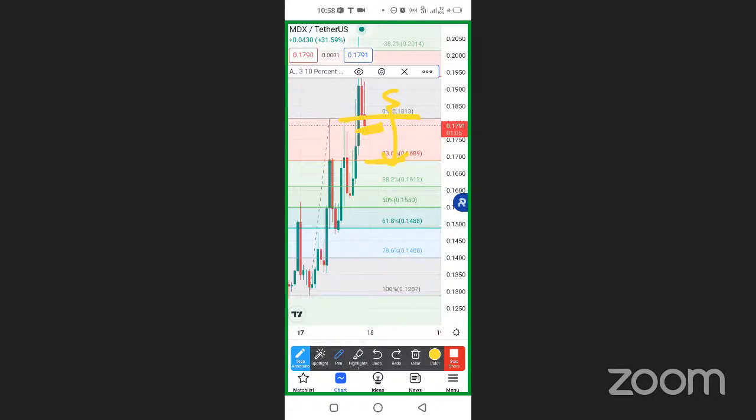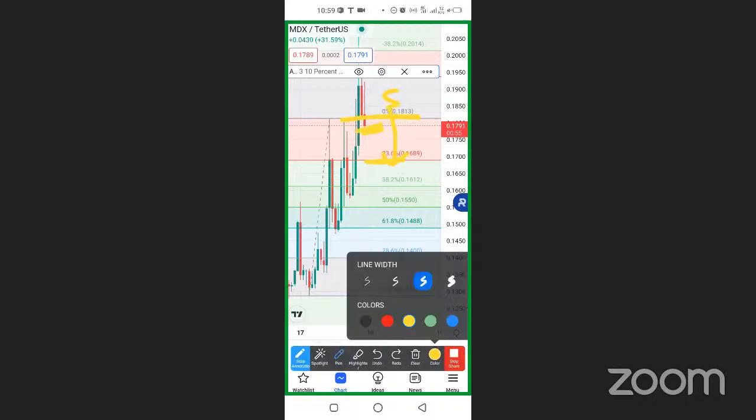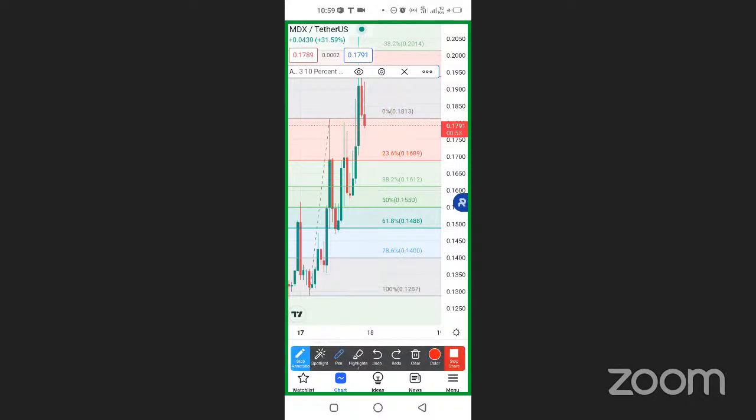So let me show you an important area. If a green candle breaks this line, you just need to understand it's simple, not hard. If a green candle breaks this line and it closes here, I'll get in the market because I know it will move from here. Now the market will fly to move from here and touch this line.